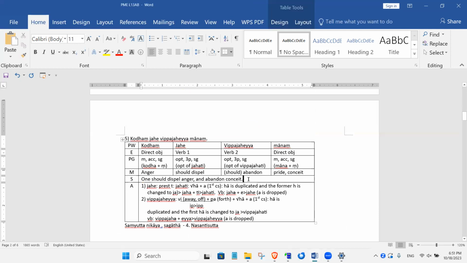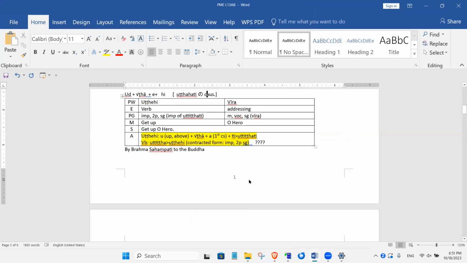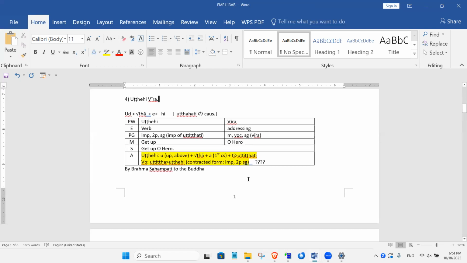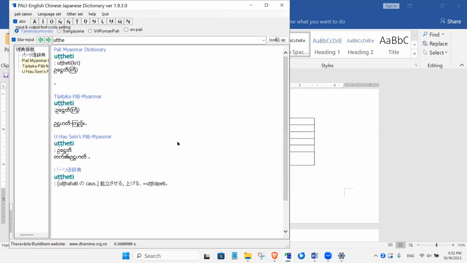The number 4, the utehi, just now you showed ut plus ta plus e, that is causative, plus he. He means imperative second person singular, correct. That means the imperative is not uti hati, as I showed on the PG there.